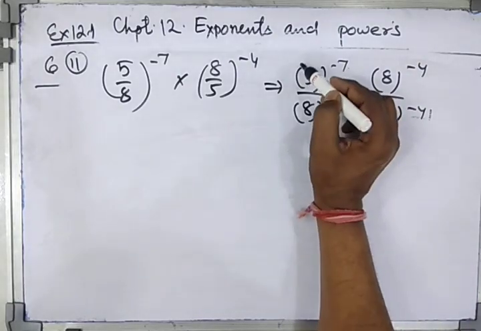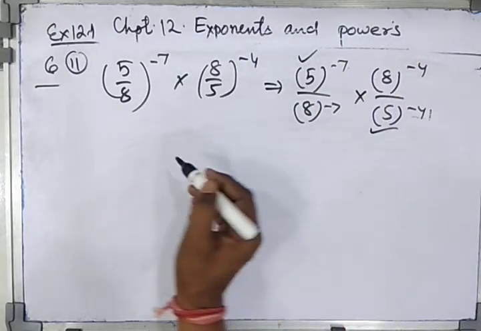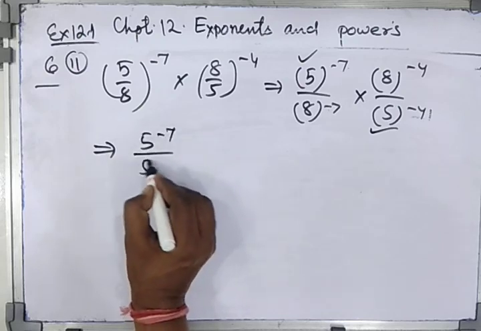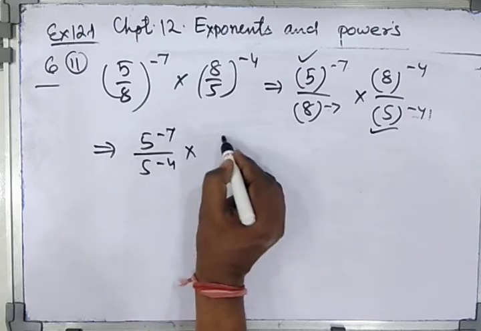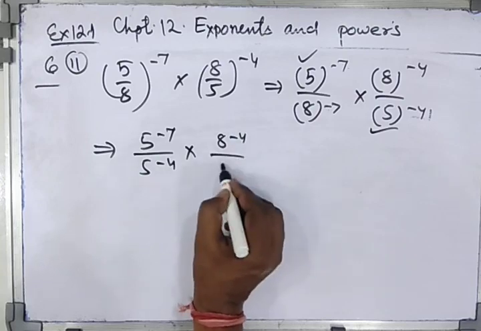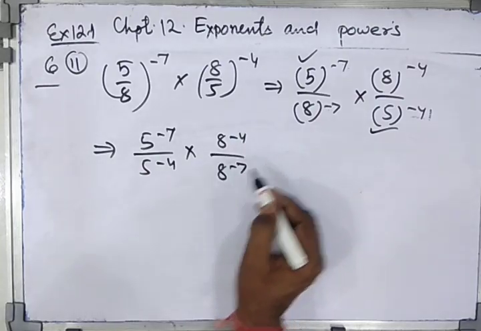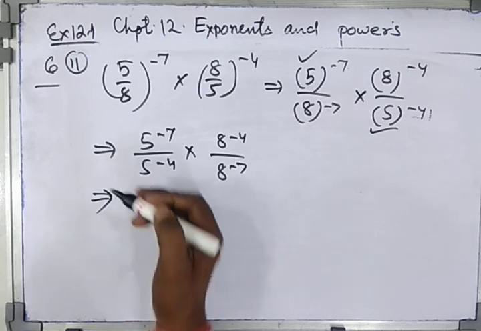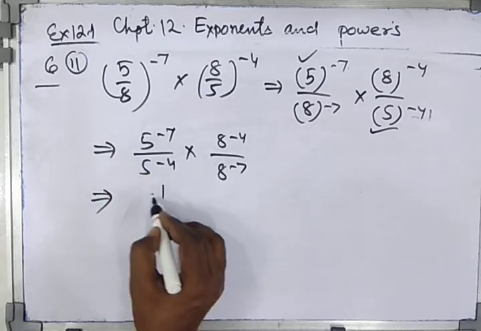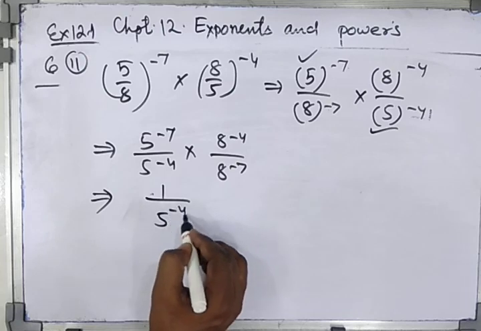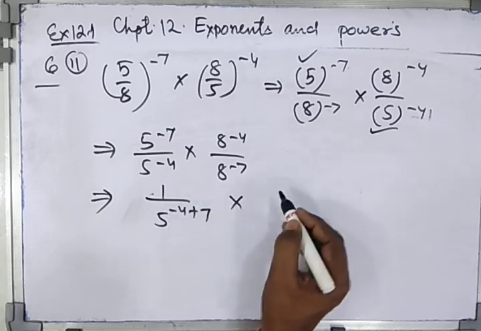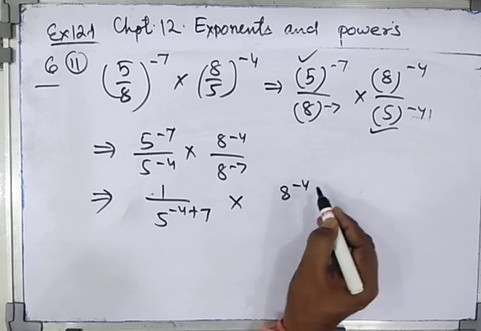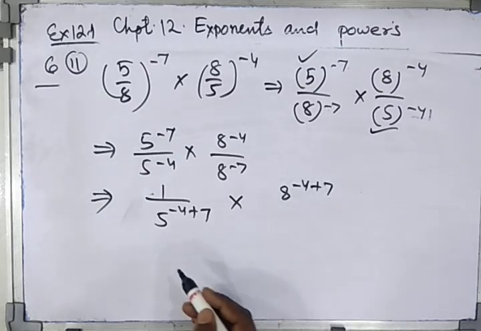So bases are the same, students. So this will be equal to 5 raised to minus 7, 5 raised to minus 4, into 8 raised to minus 4 by 8 raised to minus 7. This will be equal to 1 by 5 raised to minus 4 plus 7, into 8 raised to minus 4 plus 7.